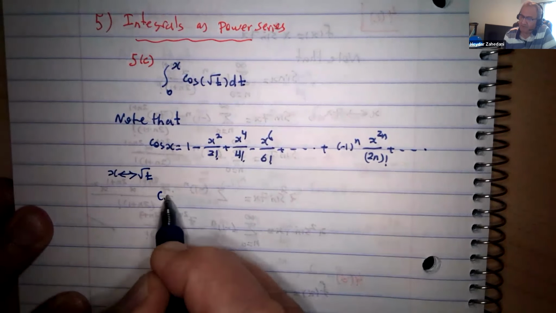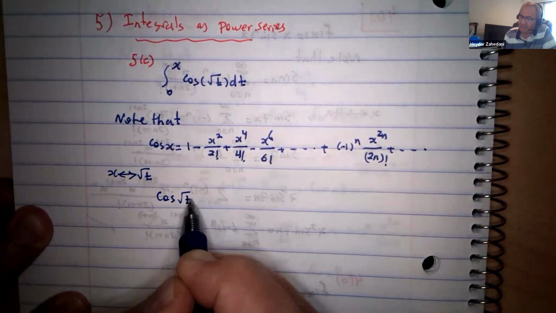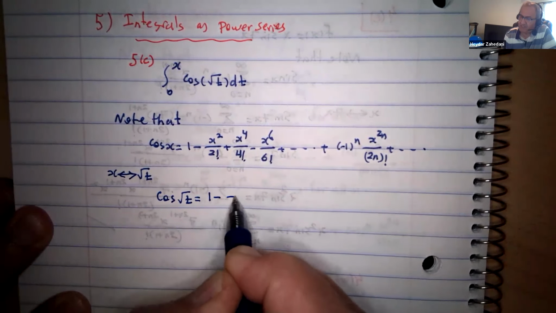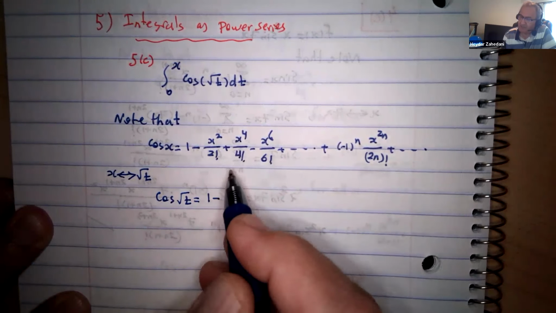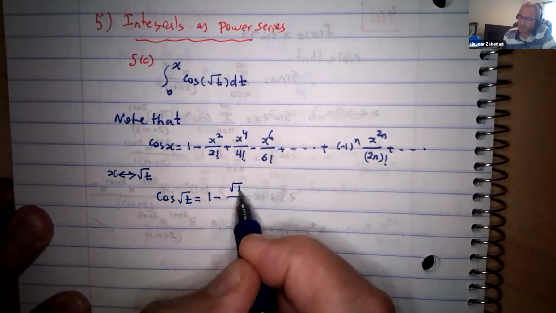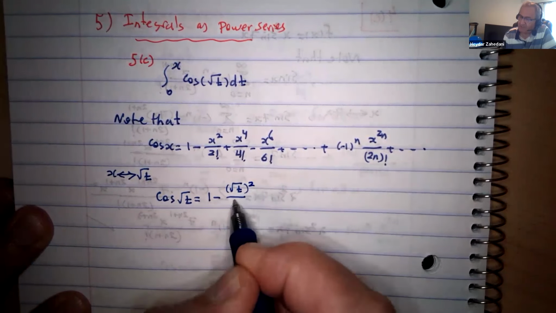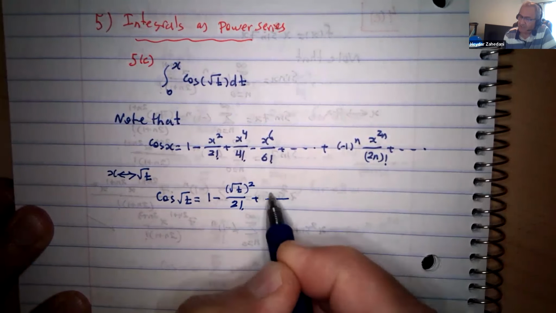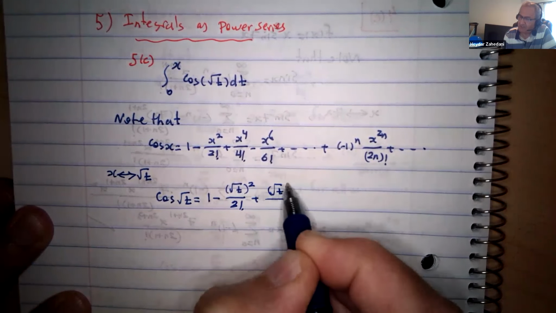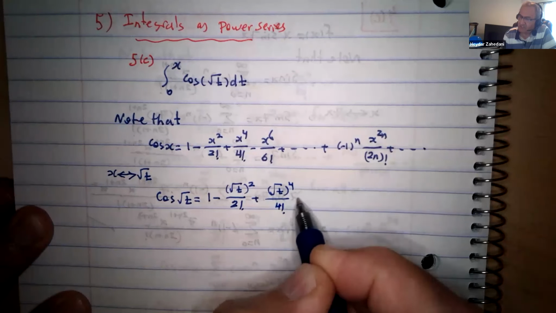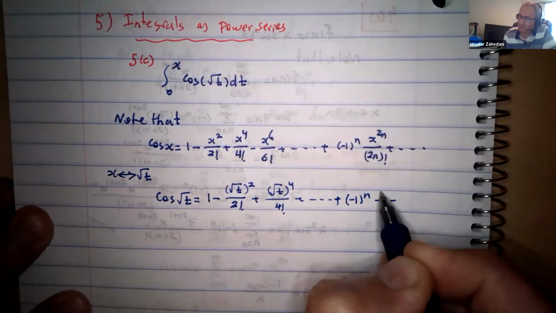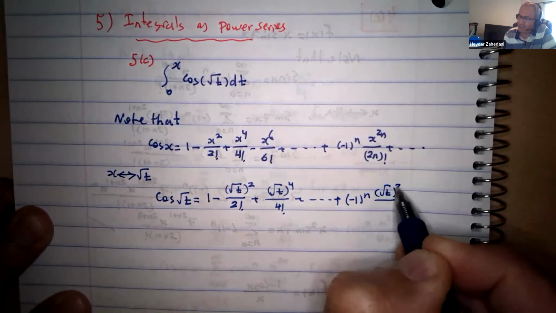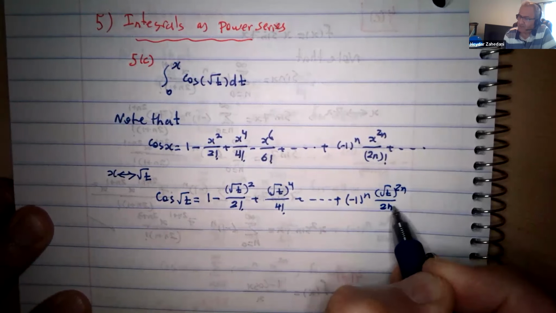So the cosine of the radical t is going to be equal to 1 minus, replacing x by radical t, radical t squared, and then radical t to the 4th, or in general format, negative 1 to the n, radical t to the 2n over 2n factorial.